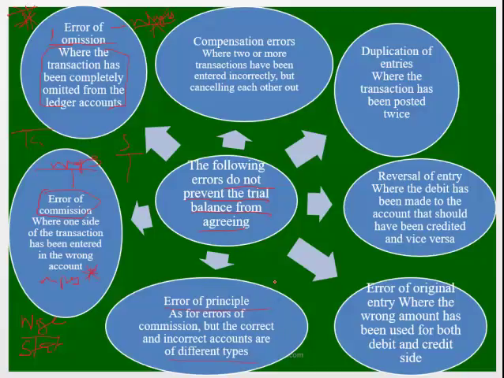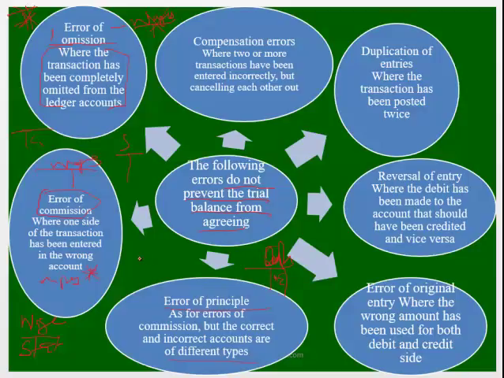For example, let's say I bought a motor vehicle with a cheque, let's say 2 million. Then in the bank cash book, bank column, I will say motor vehicle, bank. Instead of debiting motor vehicle, I put in motor expenses.